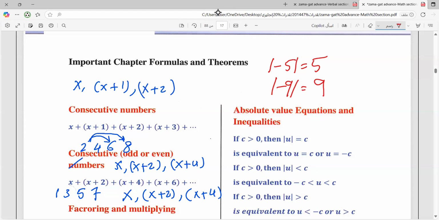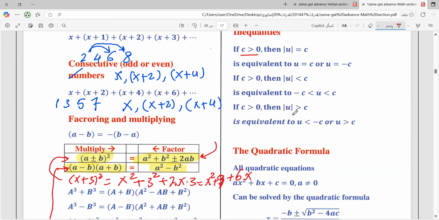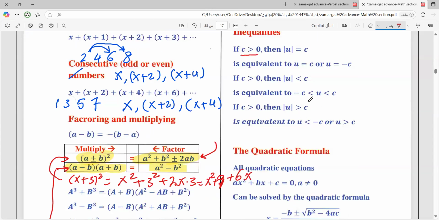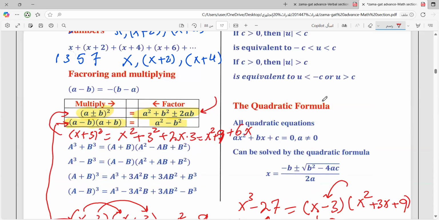Right? So for absolute value equations and inequalities, if C is greater than 0, the absolute value of U equals C is equivalent, no problem. So do you understand what absolute value means? Yes. Okay. The quadratic formula.